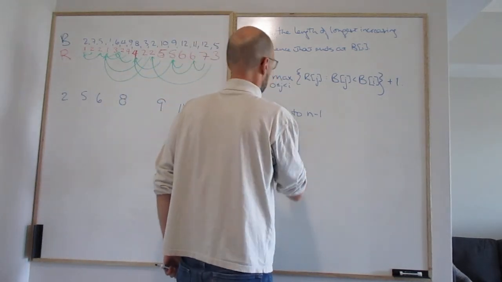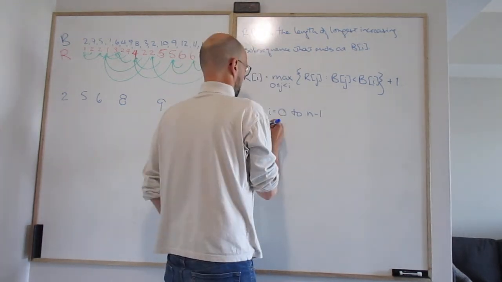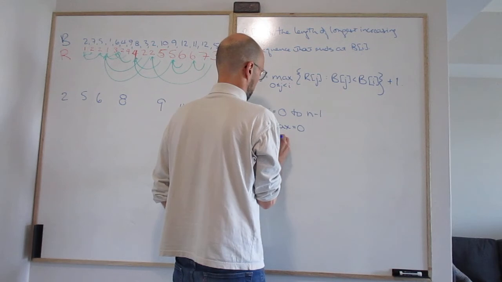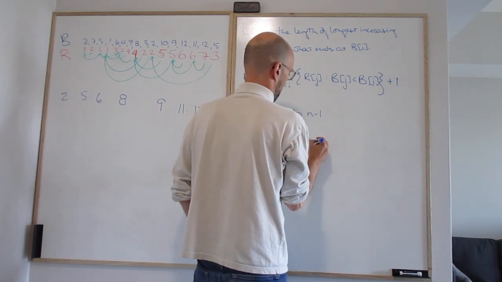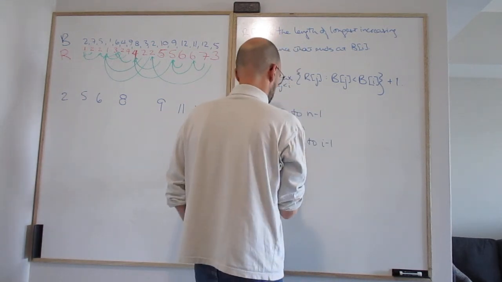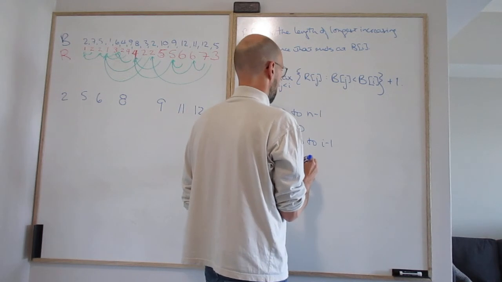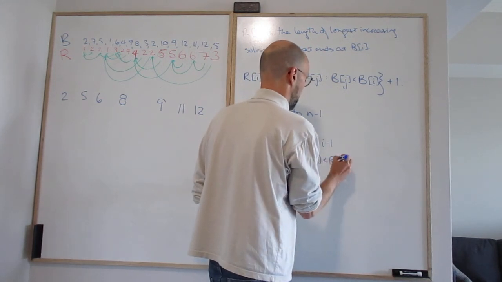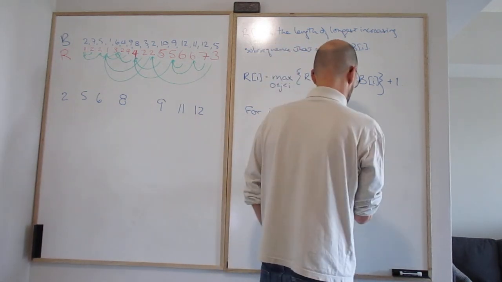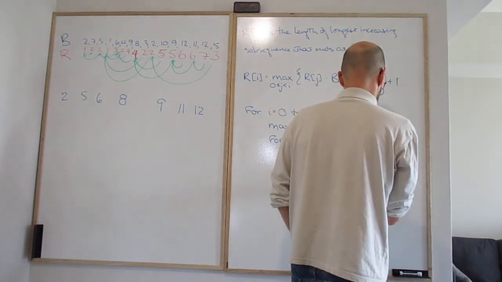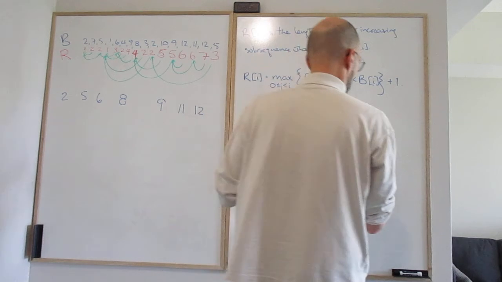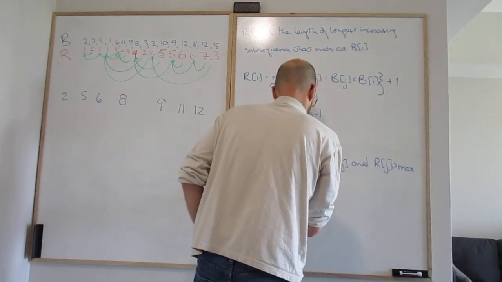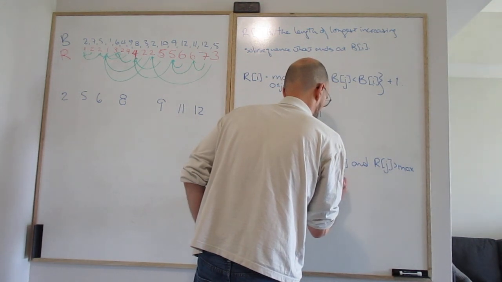So max equals 0, for j equals 0 to i minus 1, if Bj is less than Bi and Rj is greater than max, max equals Rj.